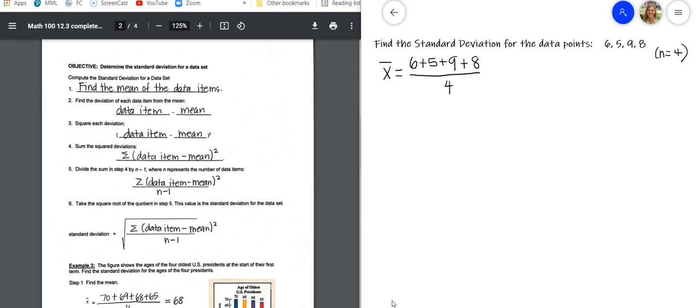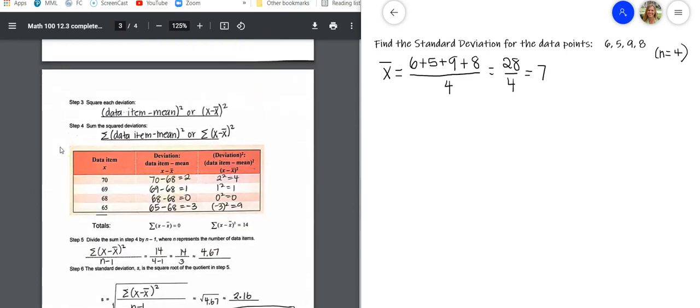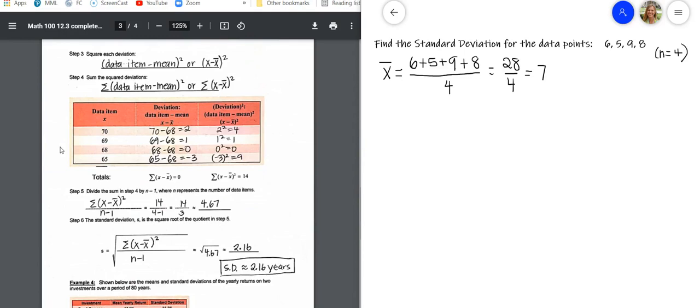So if I add my 6, 5, 9, and 8, I should get 28 divided by 4, which gets me a mean of 7. So that's your first step. Now, as we do these next steps, you can use this table organization like you saw in the videos.